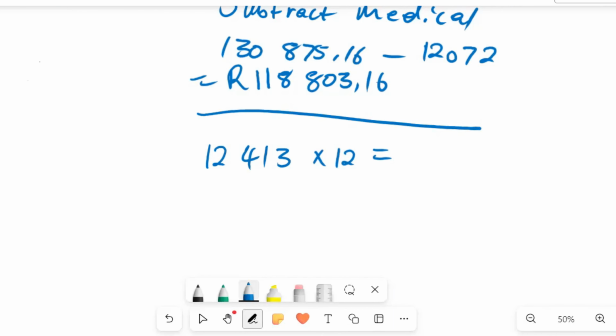Okay, we're going to get the amount that she has already paid.